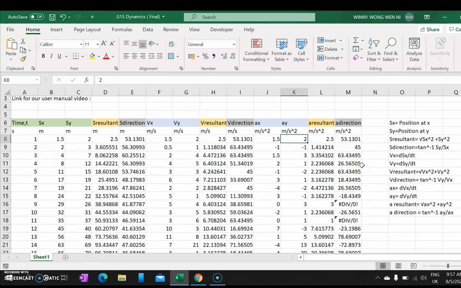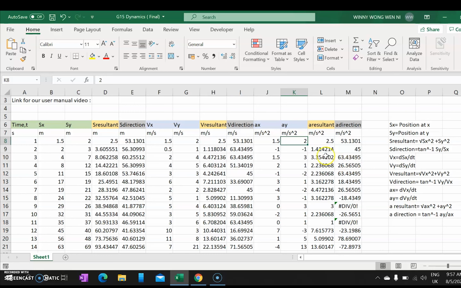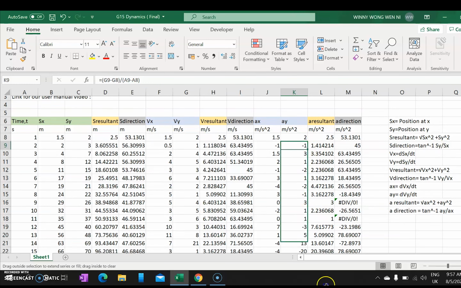The approach is also the same for the acceleration in y direction, using the formula of change in the velocity in y direction over the change in time, like G9 minus G8 over A9 minus A8. Same, we can straight away find all the values by dragging this.